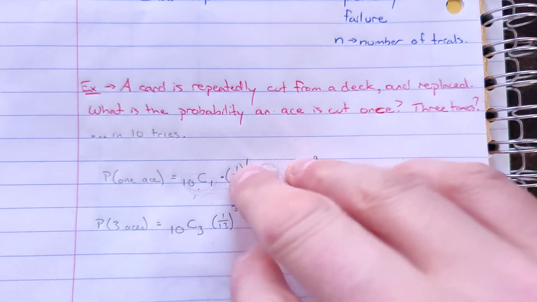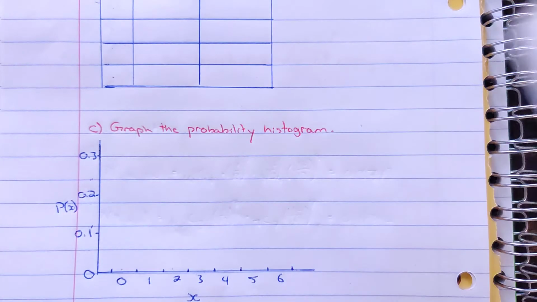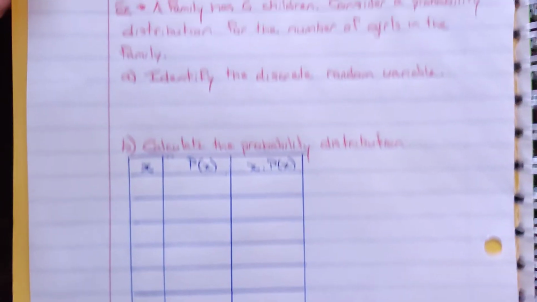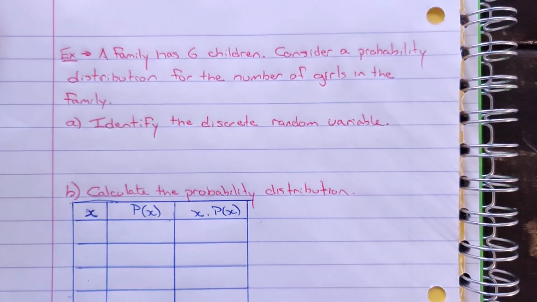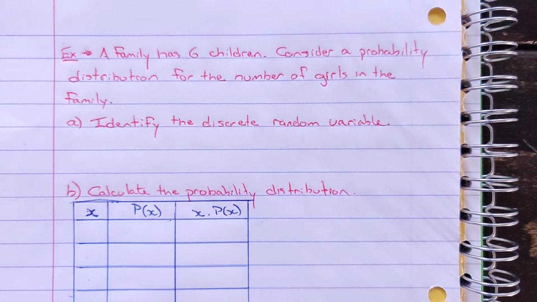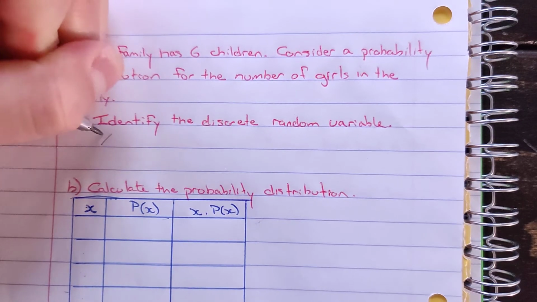Okay, so if we look at another situation here, we are working with a binomial distribution. We have a family with 6 children, and we're considering the probability distribution for the number of girls in the family. So first, what's our discrete random variable? What's our capital X?